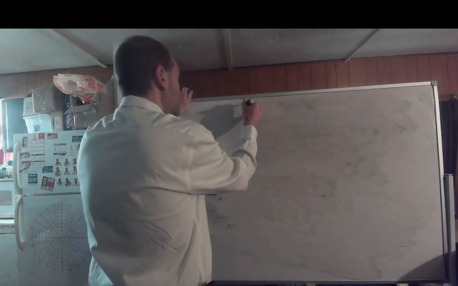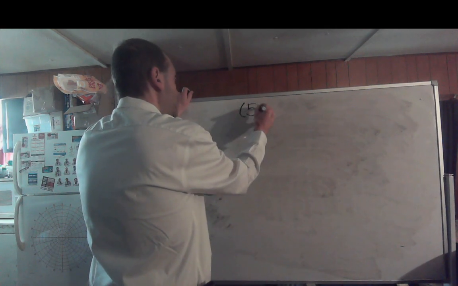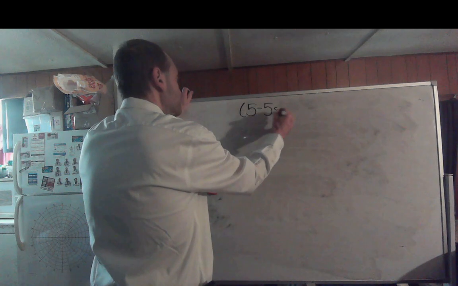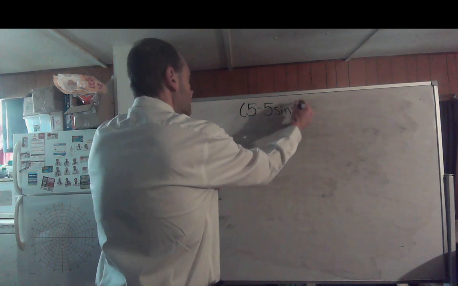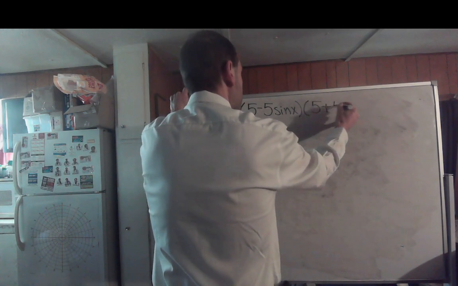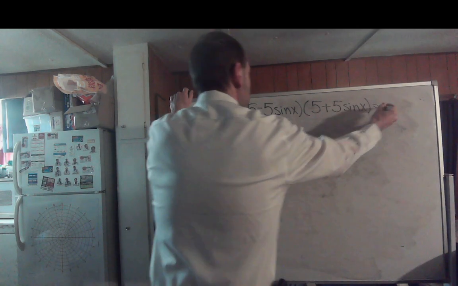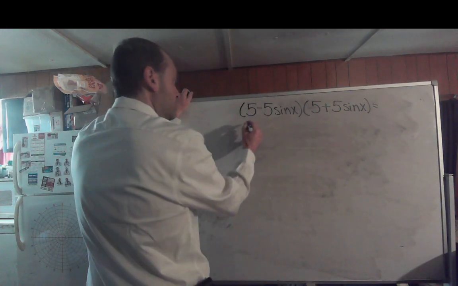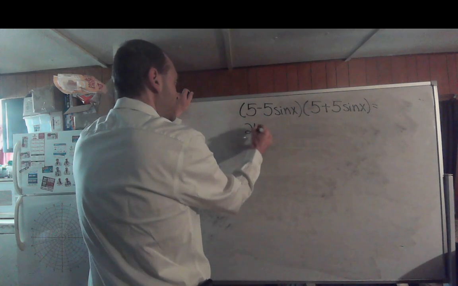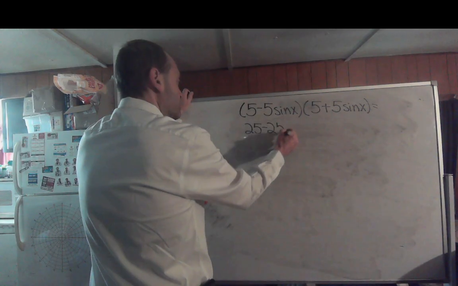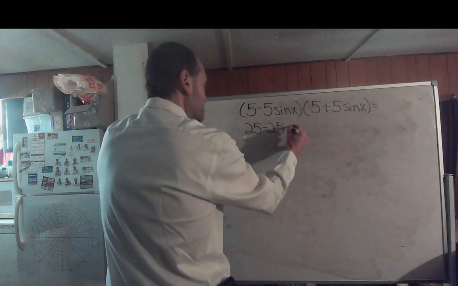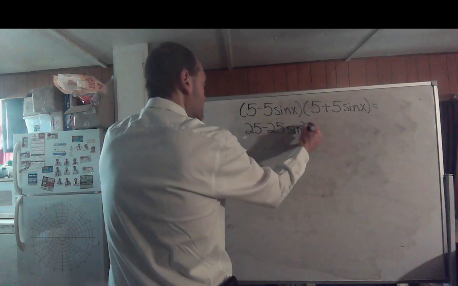Alright. We have 5 minus 5 sine of x times 5 plus 5 sine of x. So let's FOIL this out. This should end up being 25 minus 25 sine squared of x.